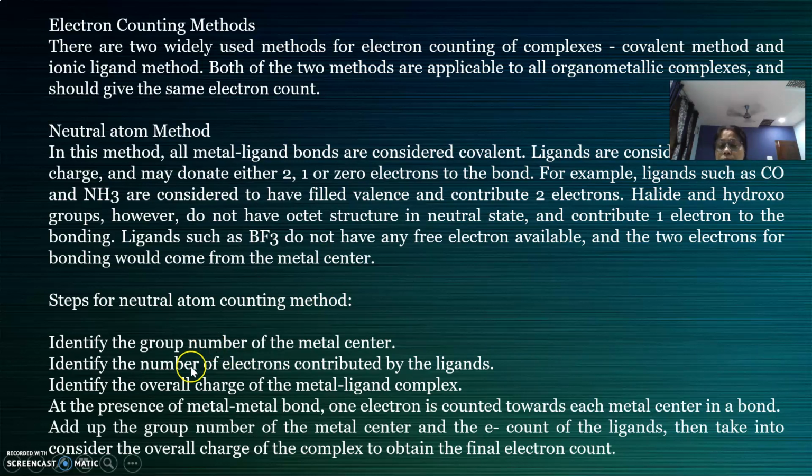Then we have to find out the total number of electrons donated by the ligands. Then if the particular complex has a charge, if it is positive, then that many charges must be subtracted, and if it is negative, it must be added. In that way, actually the charges are not taken into consideration. All of them are taken as neutral, and the total number of metal electrons and the total number of electrons donated by the ligands are taken into consideration.